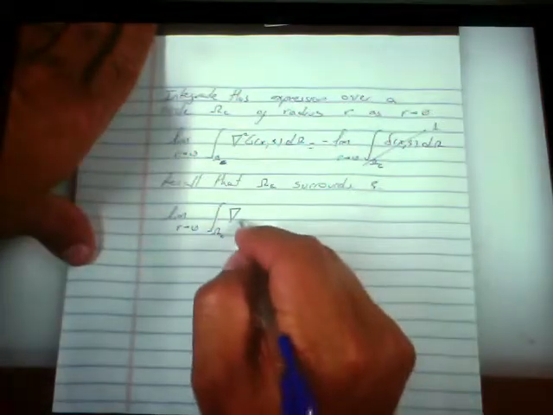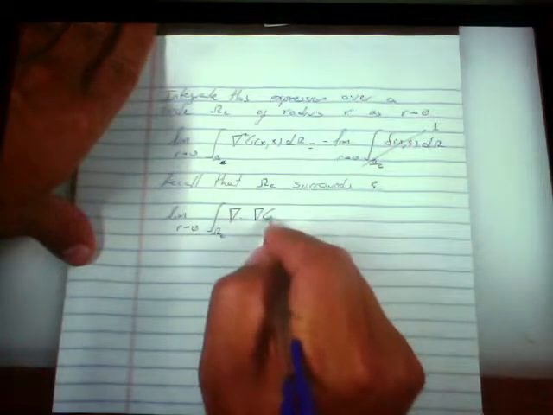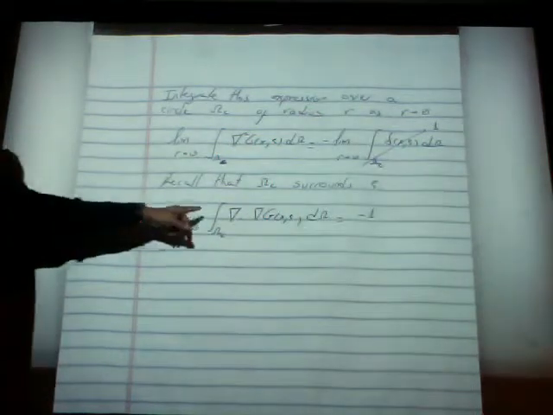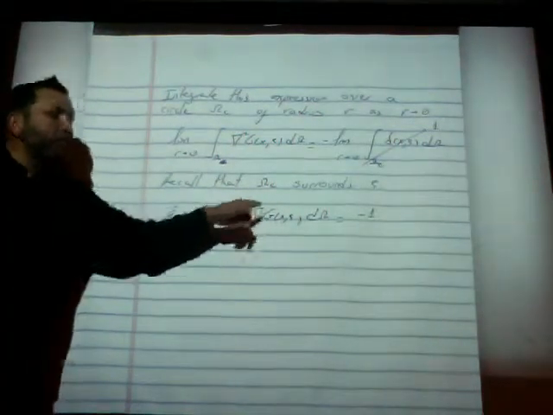I'm going to break it up into the divergence of the gradient of g is equal to -1. All right? Now I'm going to apply Gauss's divergence theorem. This is the divergence of a function. And that's why I purposely broke the Laplace into the divergence of the gradient. That's how the Laplace is defined.